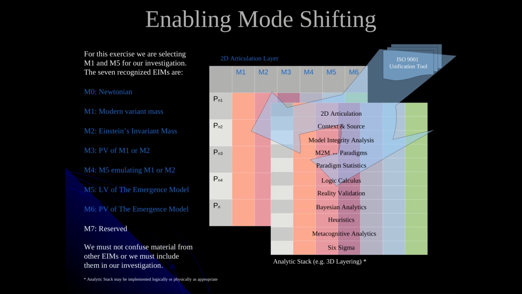Each one of these layers is articulated in detail on the website, what it means, but the idea is to take in the 2D articulation layer, that intersecting cell, and explain how that paradigm of interest is made manifest in that cell, and do the same thing for the other EIMs as you go forward for your particular investigation.